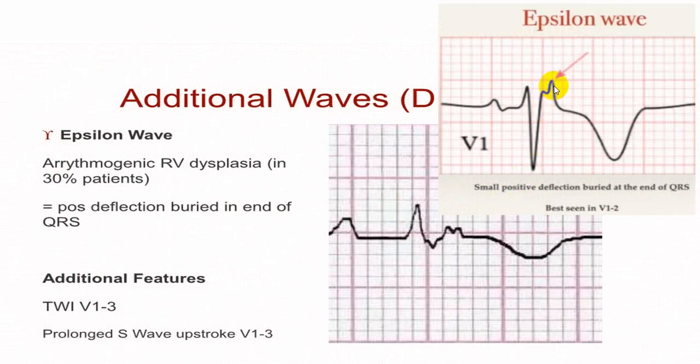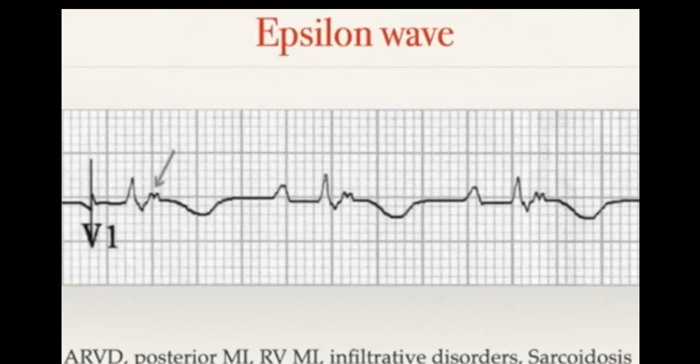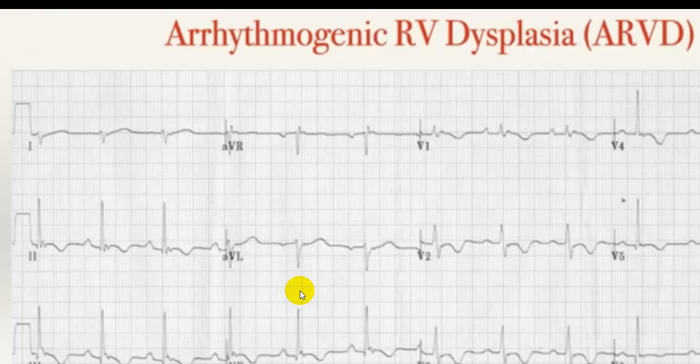Epsilon wave characteristic. This is an epsilon wave. This will be seen in V1 and V2, and it is characteristic of ARVD. Very characteristic epsilon wave. Again, you can see here, very characteristic.